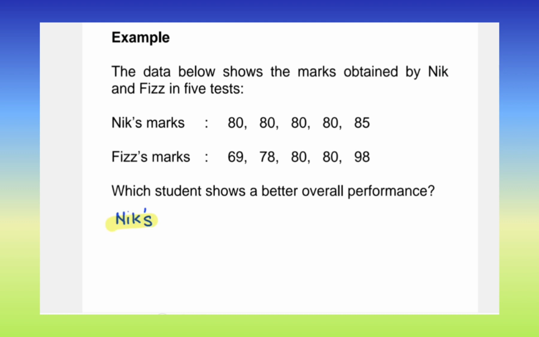Firstly, let's find mean and standard deviation for Nick. So mean x bar is equal to summation of all the given data divided by 5. Here we have 405 over 5, and the answer is 81.